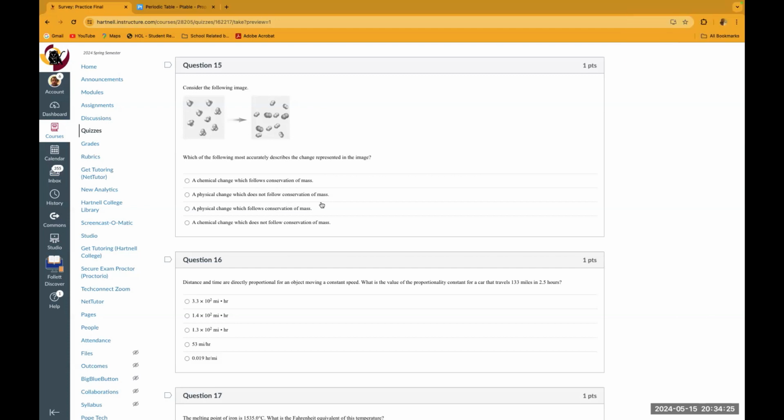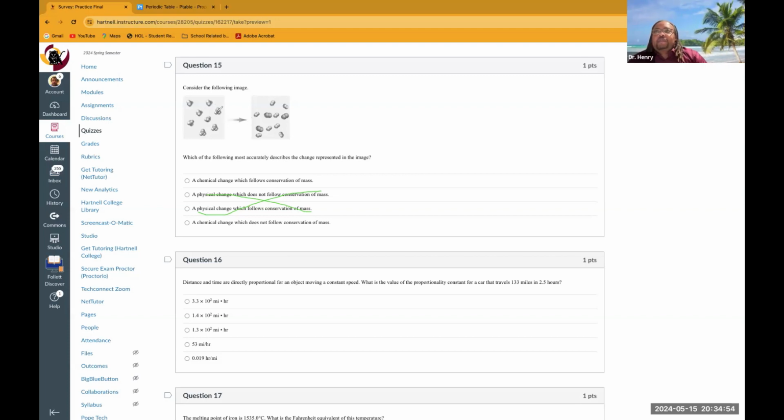Well, it's definitely a chemical change because the bonds are changing. Okay, good. So we can get rid of these. Then how would I determine whether it's following the conservation of mass? You've got to count them up.